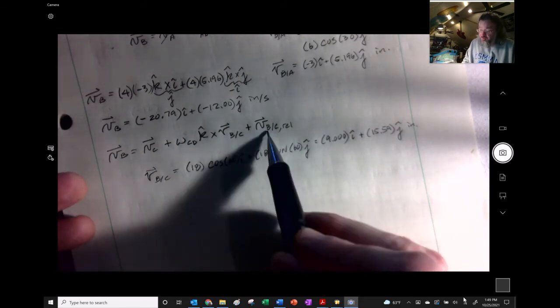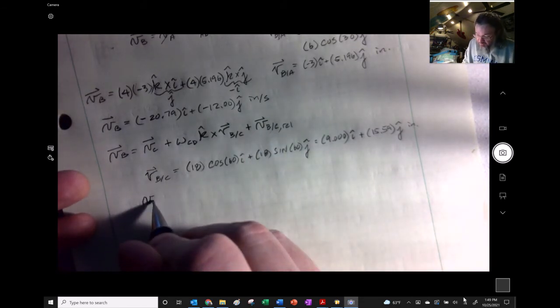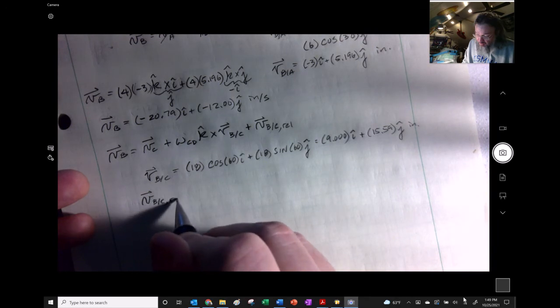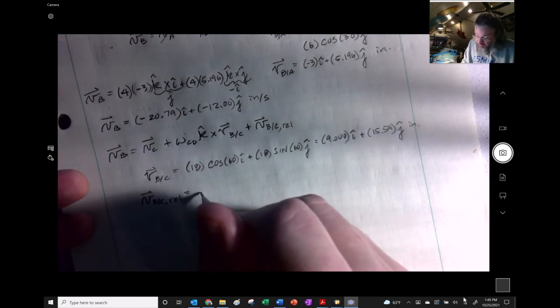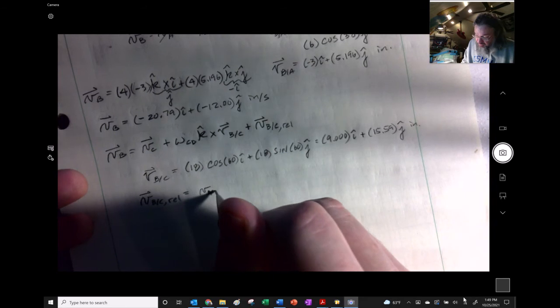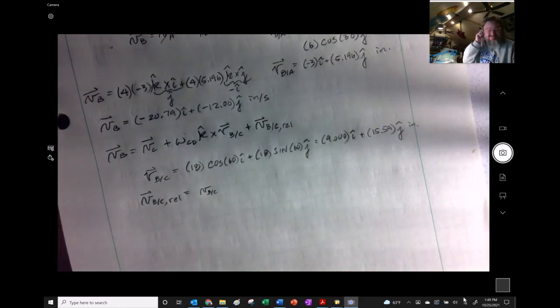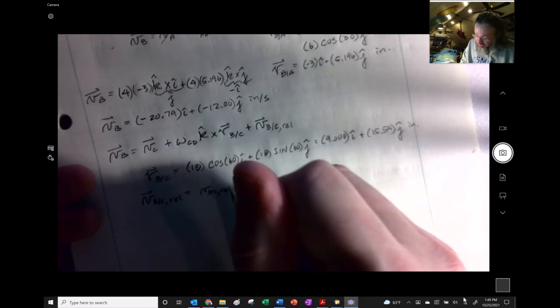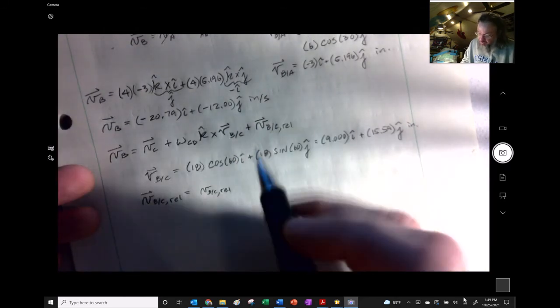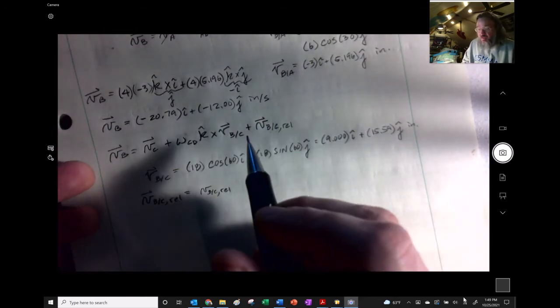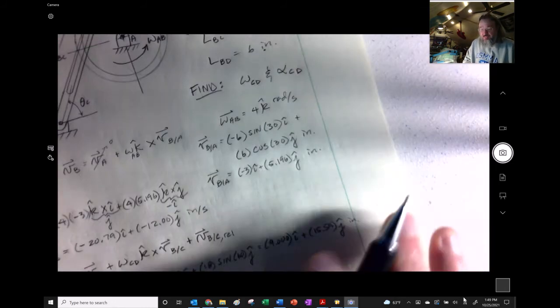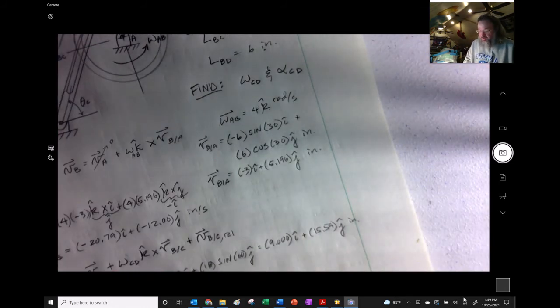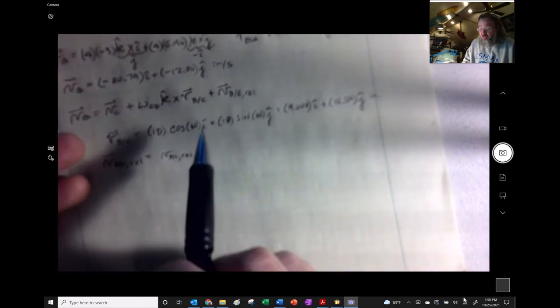So this relative velocity, we need to write it out as V_B/C, comma, rel. I'm just going to call it BC. I'm going to leave off the L. Maybe I should keep the L in there. I guess so. I'll keep the L in there. Why be lazy? Okay. And that's going to be, let's see, I'm going to choose it positive. So it's really going to be the same as this down below right here, right?